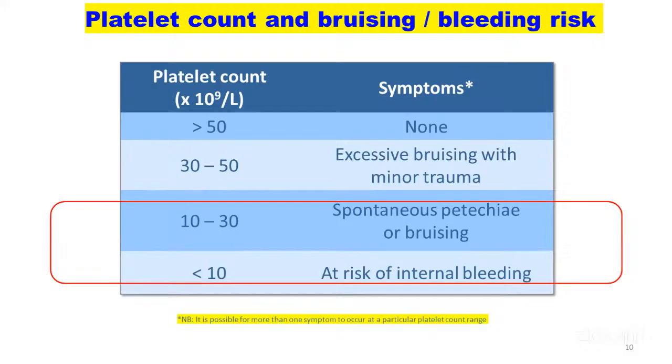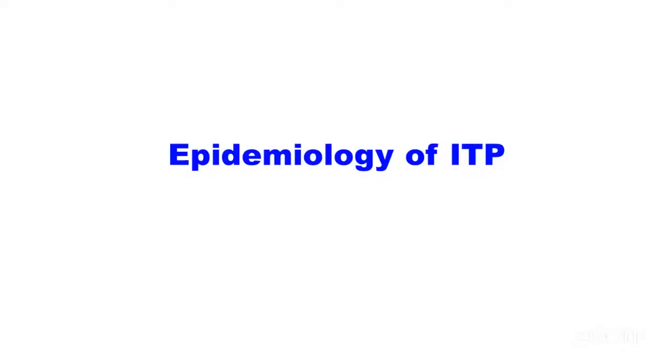And when it is less than 10,000, it is dangerous because there is a risk of internal bleeding, particularly intracranial bleed, which appears to be life-threatening. So these are the basics of ITP management.